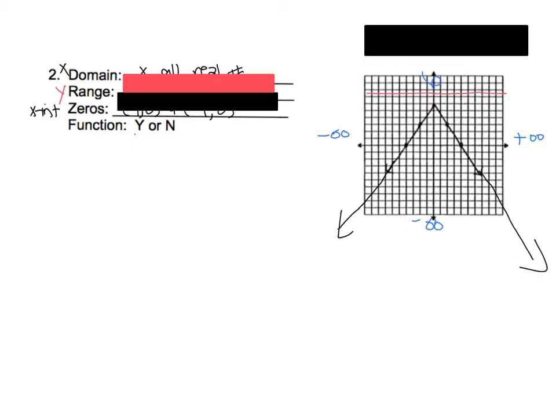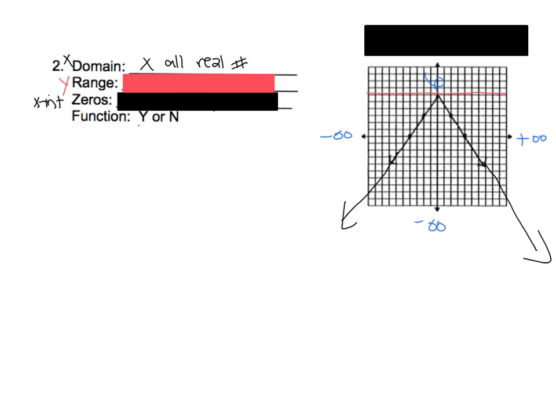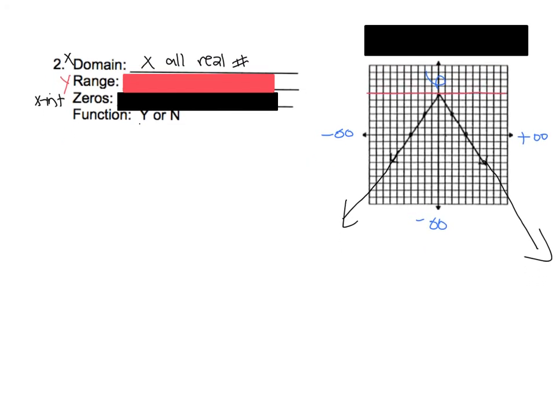All right, now our range, we do have a limitation to, okay? Notice we cannot go above 6. So our y values, because that's our range, are going to be numbers less than 6. So our range is y is less than or equal to 6.